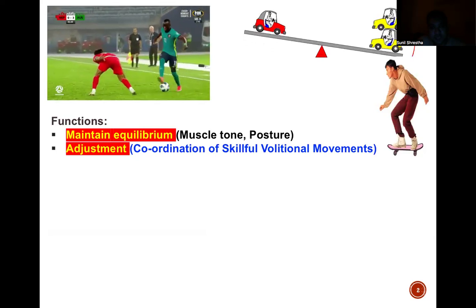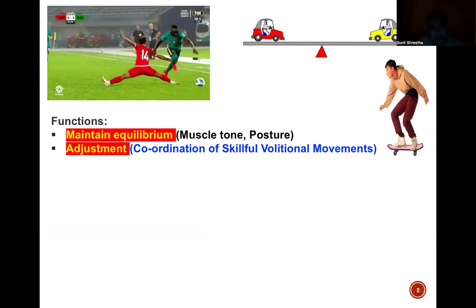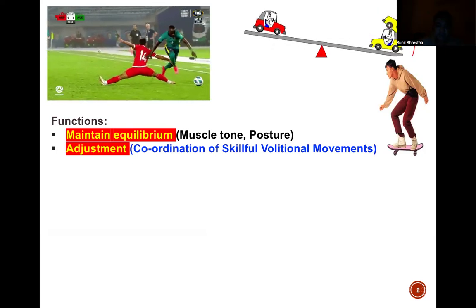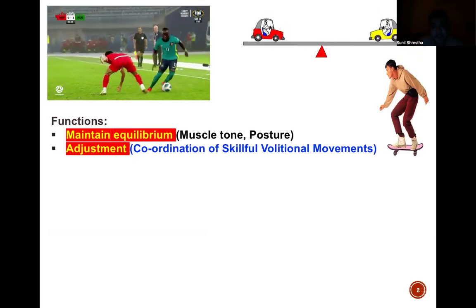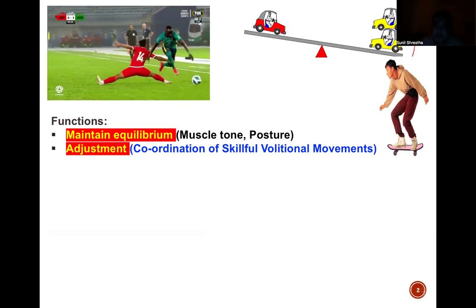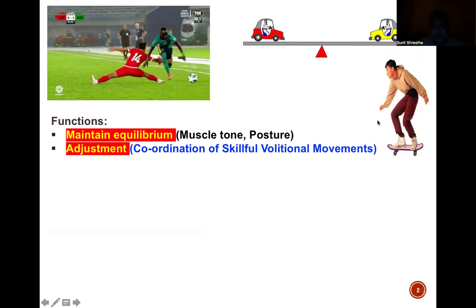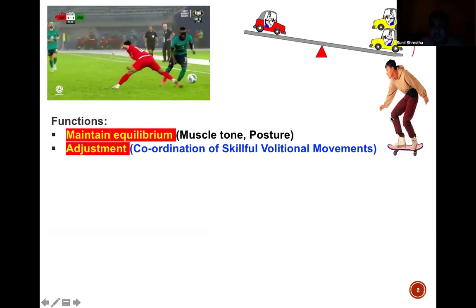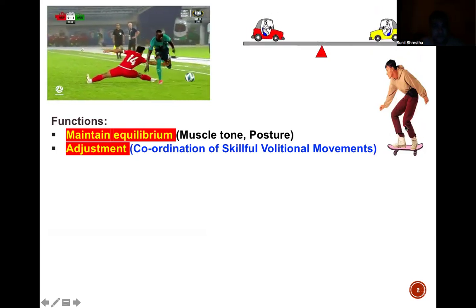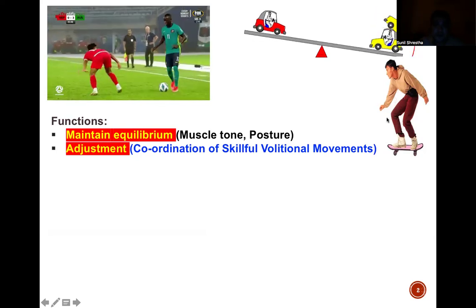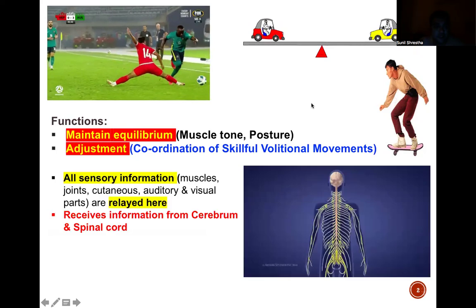Those actions are coordinated or adjusted with the help of the cerebellum. It is responsible for maintaining equilibrium, and during any skillful movement it adjusts those skillful movements. So this is the main function of the cerebellum.